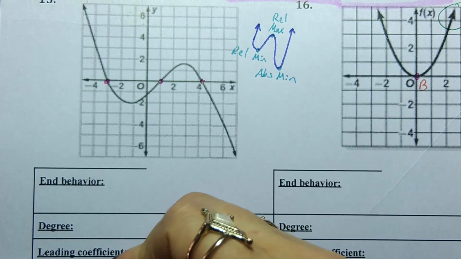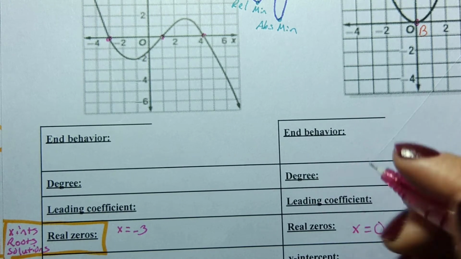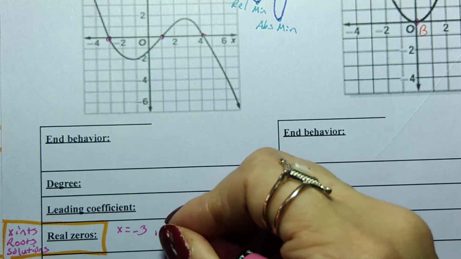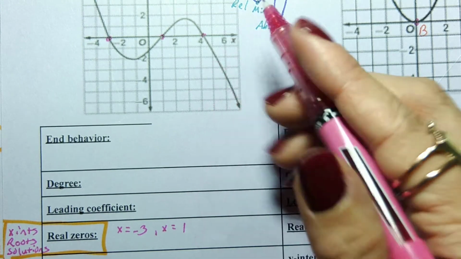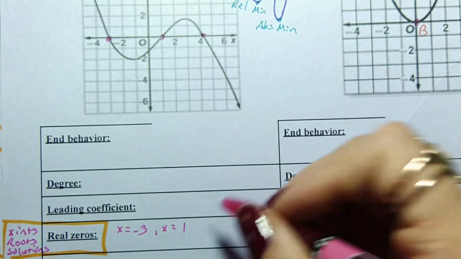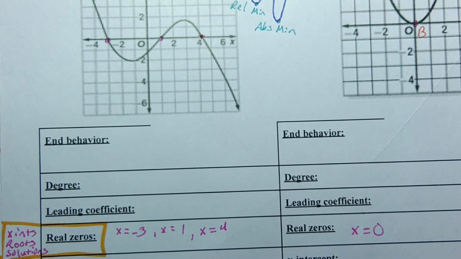So it looks like we've got one root at x equals -3. Another one at x equals 1. And we're going to say close enough here that that one's at 4. So those are the roots.